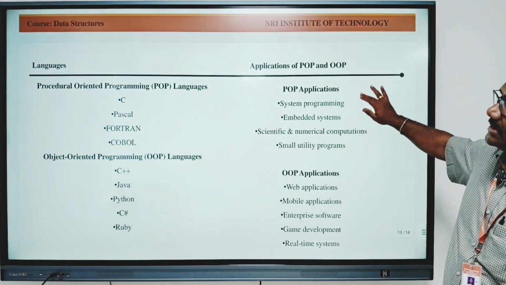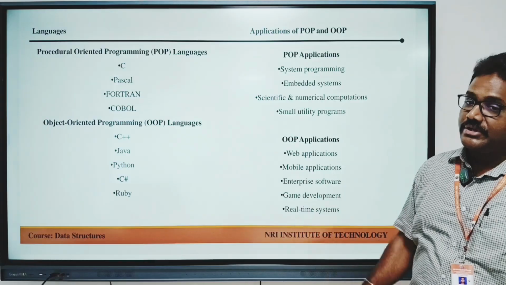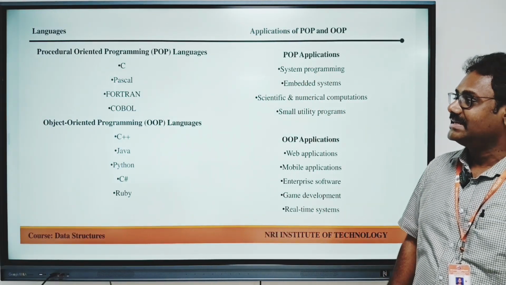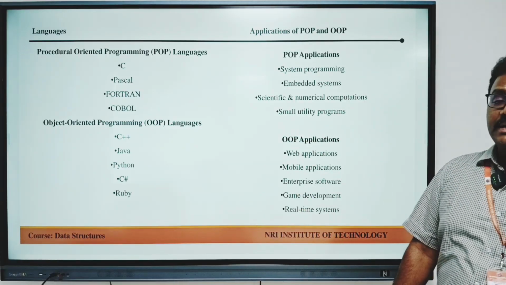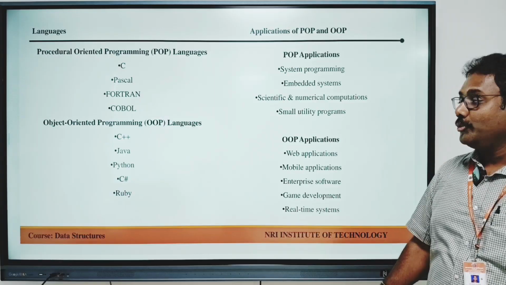Different languages under procedure-oriented programming and object-oriented programming. Procedure-oriented programming: C, Pascal, Fortran, COBOL. Object-oriented programming: C++, Java, Python, C#, and Ruby.